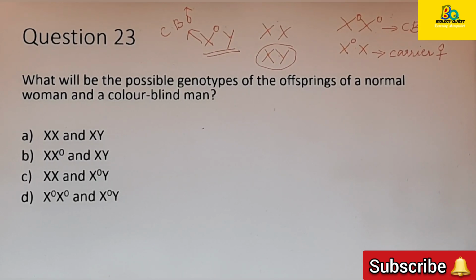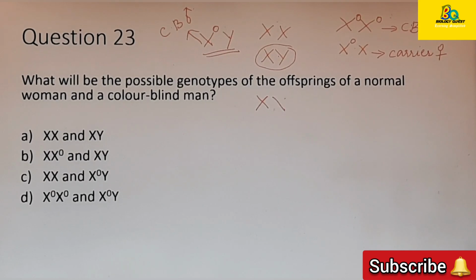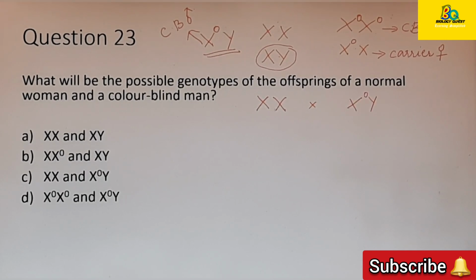Now, what will be the possible genotypes of the offsprings of a normal woman and a colorblind man? So, what will be the genotype of a normal woman? Normal woman will be XX. What about a colorblind man? Colorblind man will be XᴼY. Correct, no? Now, what are the gametes produced?